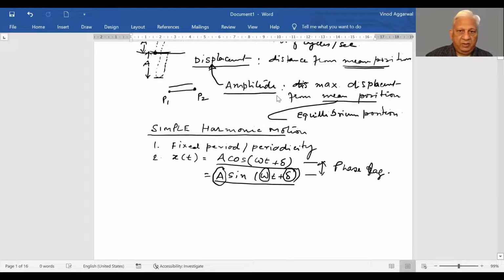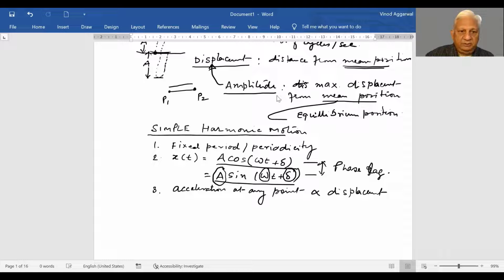Okay. The third criteria is that acceleration at any point should be proportional to displacement. What does it mean?